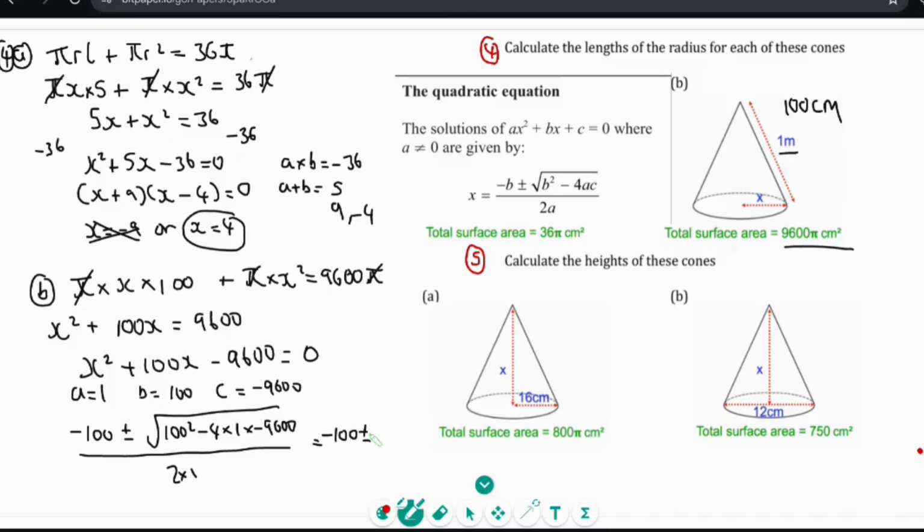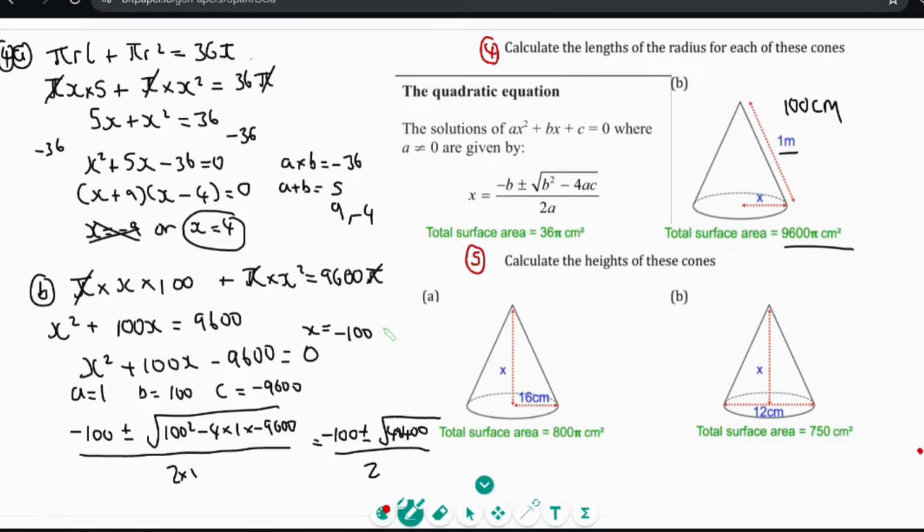So 100 squared minus 4 times 1 times negative 9,600 is 48,400 over 2. If you square root 48,400, you get 220.